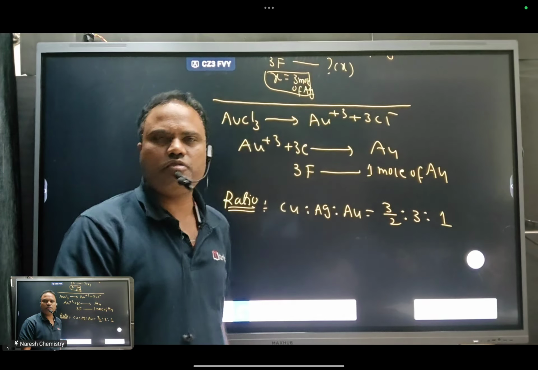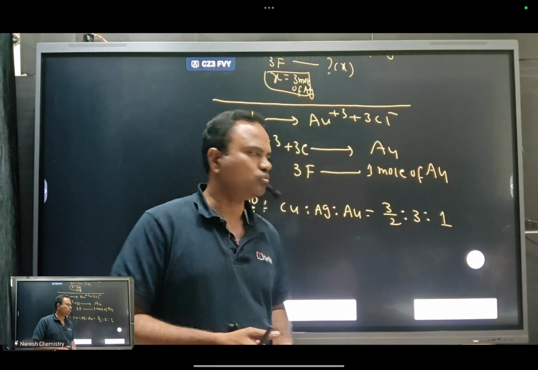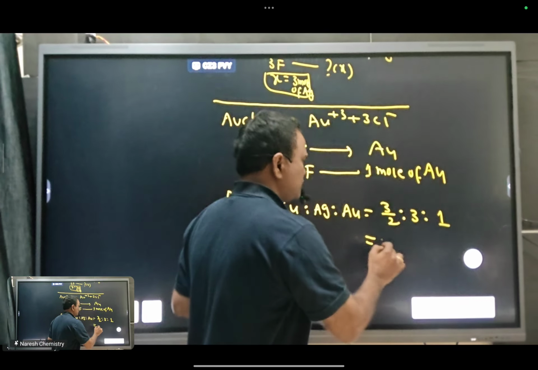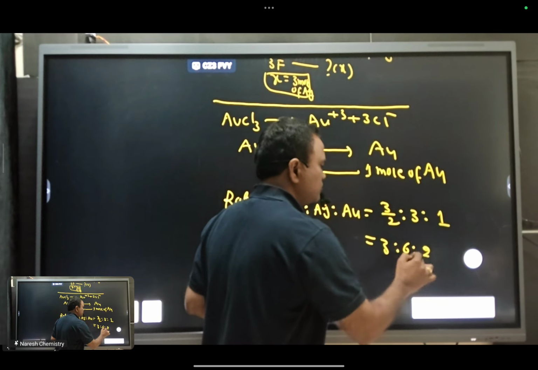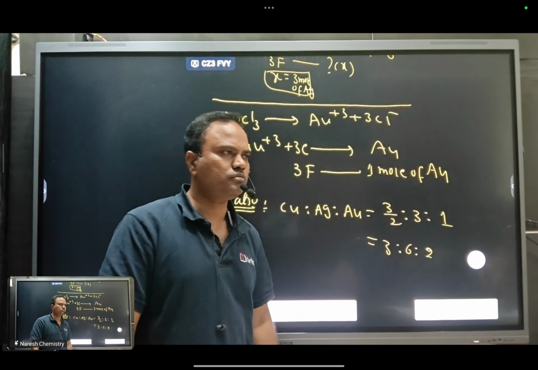With which number do we have to multiply to get the simplest ratio? With 2. Multiplying by 2 gives 3 to 6 to 2. This is our material question only, a direct level 2 question.